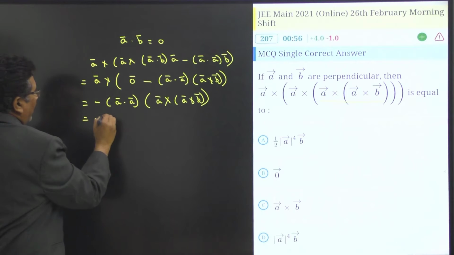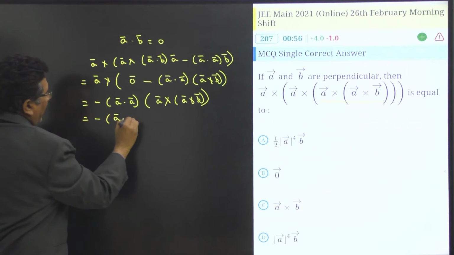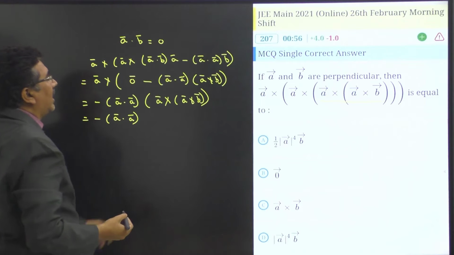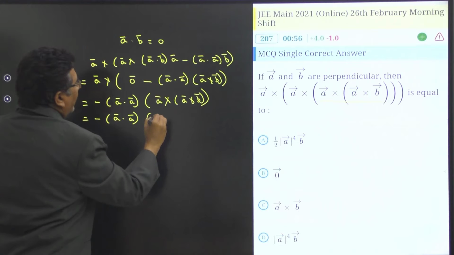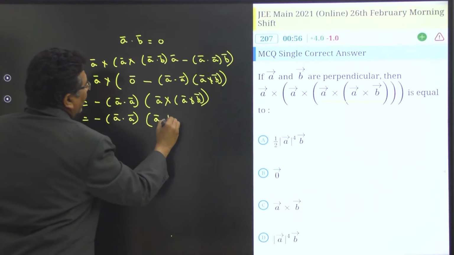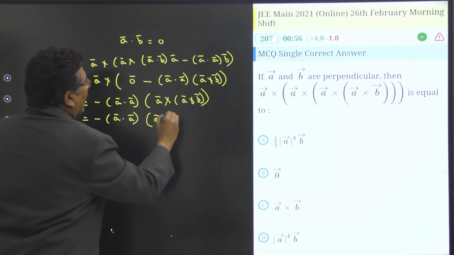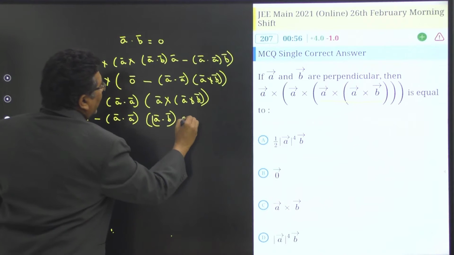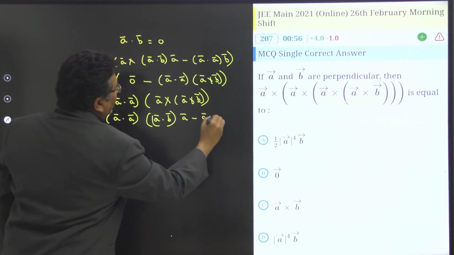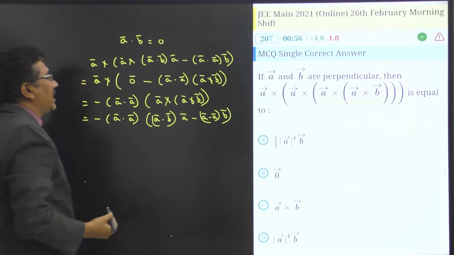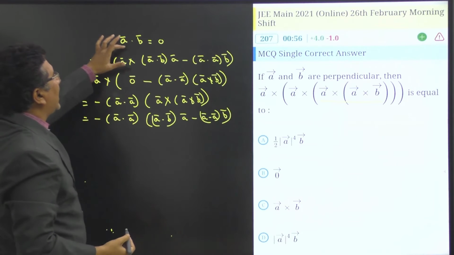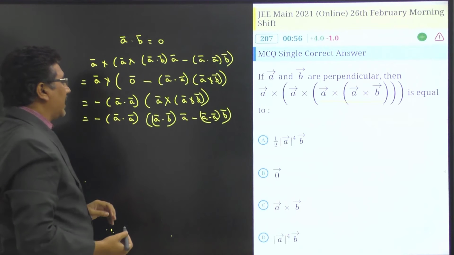That is equal to minus of A bar dot A bar into, now applying the definition, A bar dot B bar into A bar minus A bar dot A bar into B bar. Here A bar dot B bar is equal to 0.